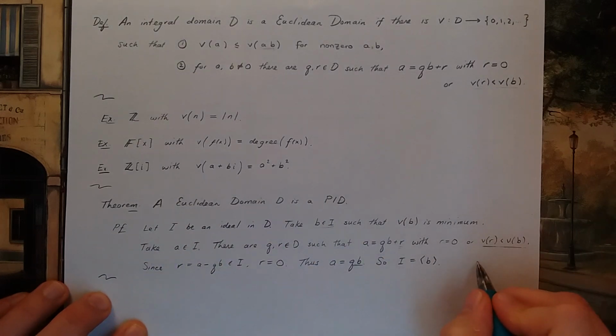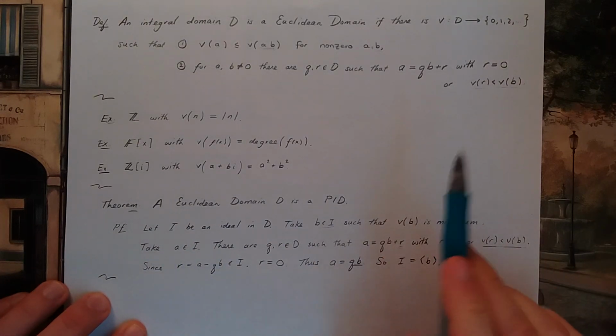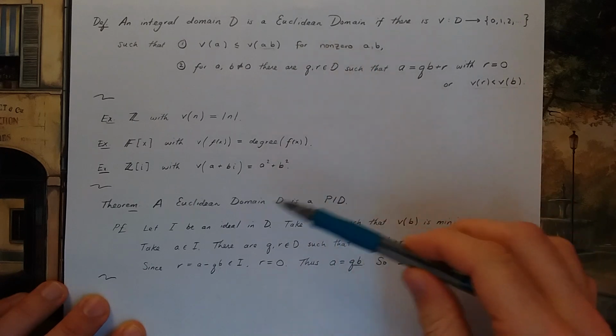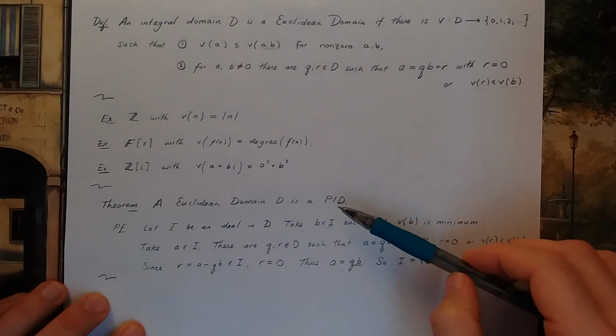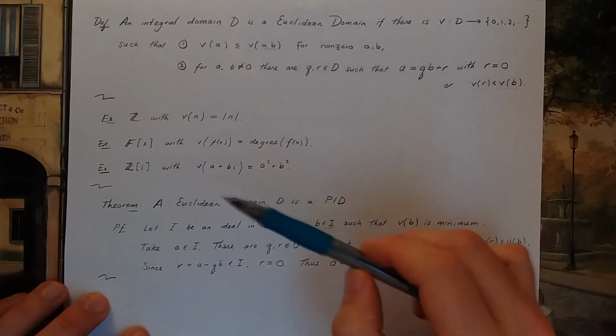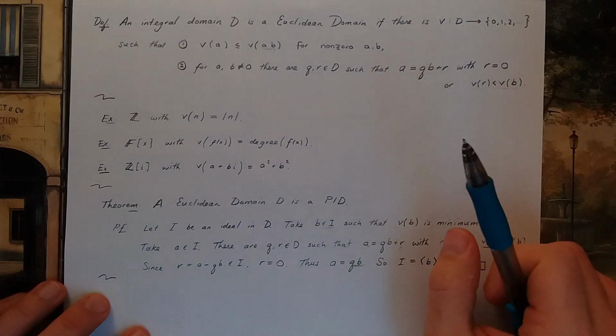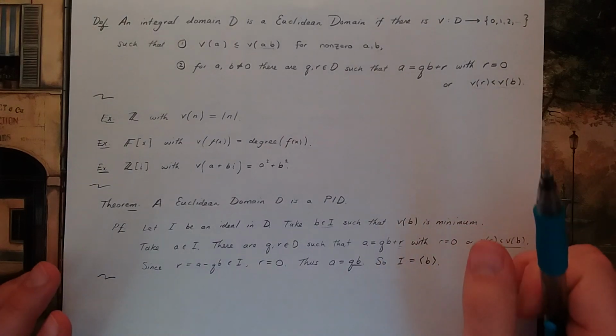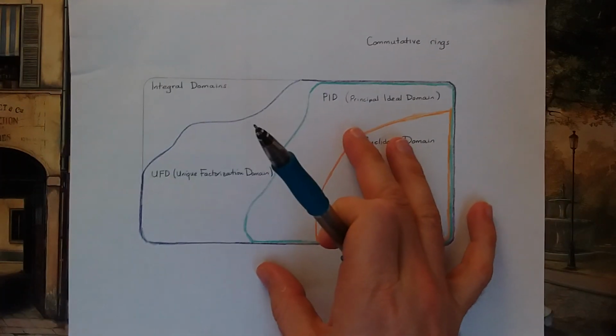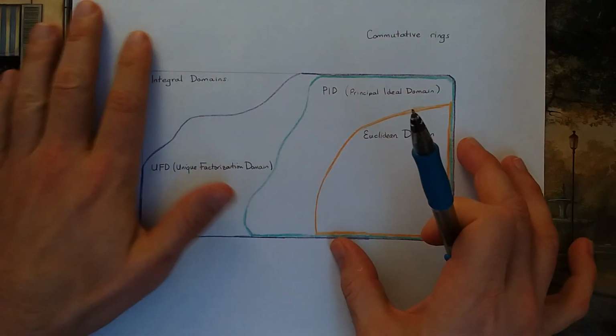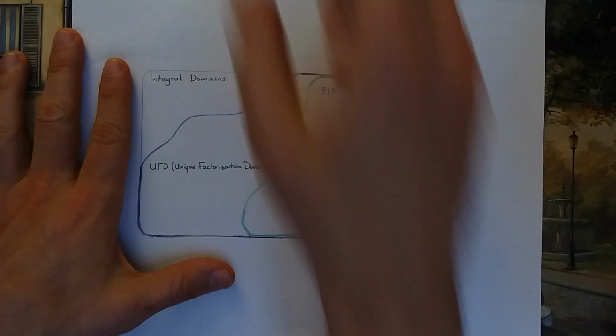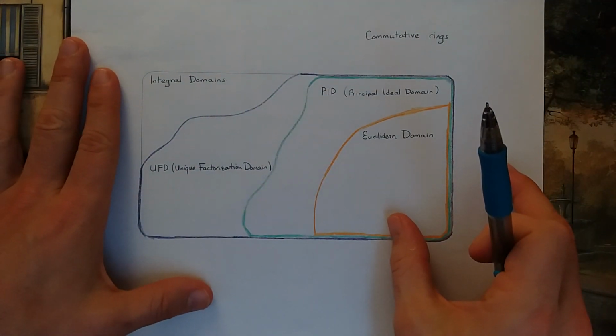So what we have here is a Euclidean domain being a PID. A PID, as we've seen before, is a UFD, and all of these are integral domains. So I'd like to end this video by showing you one more Venn diagram type thing about our recent studies in integral domains.